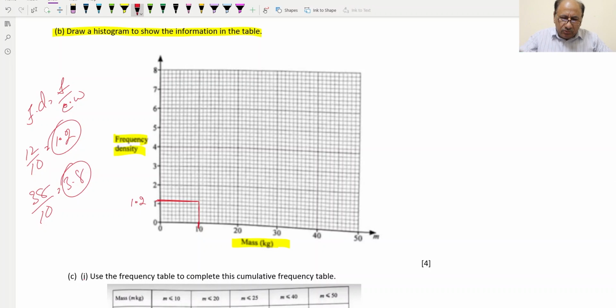And 3.8 will be up to this mark, and we can draw carefully. This is the second bar.